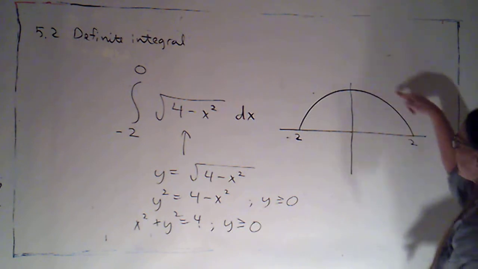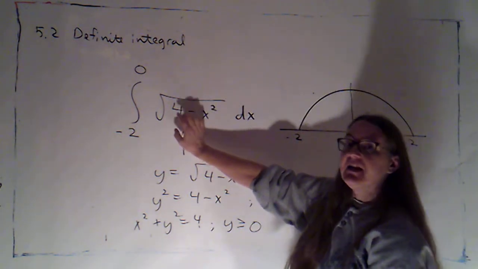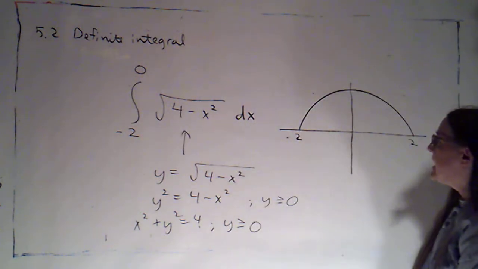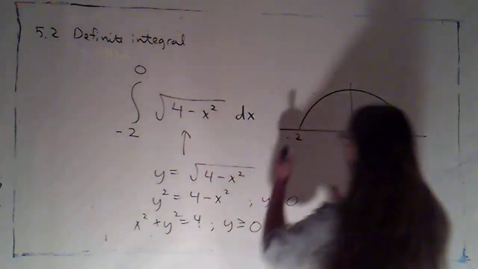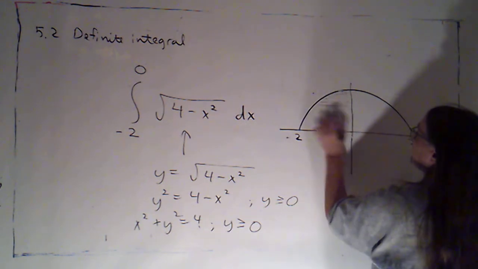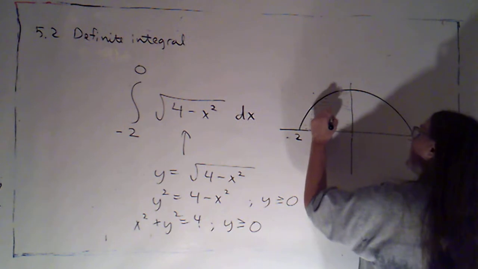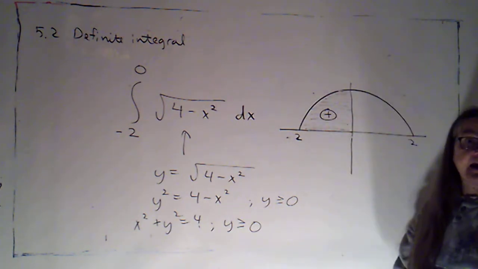So that's the graph of my integrand, the function here that I'm integrating or that determines the height of my shape. Now, we were going just from negative 2 to 0. So I actually only care about this part of it right here. And that's going to be a positive area because it lies above the x-axis.